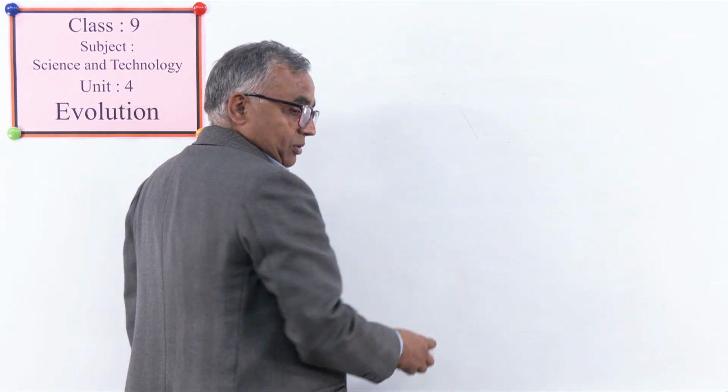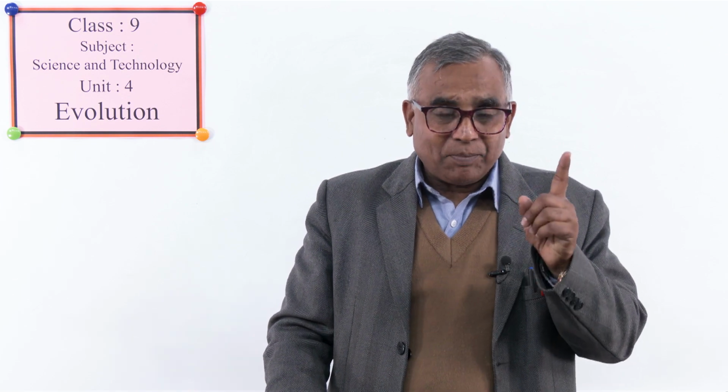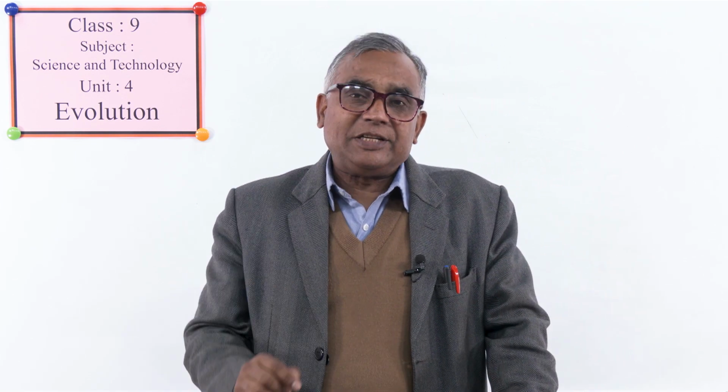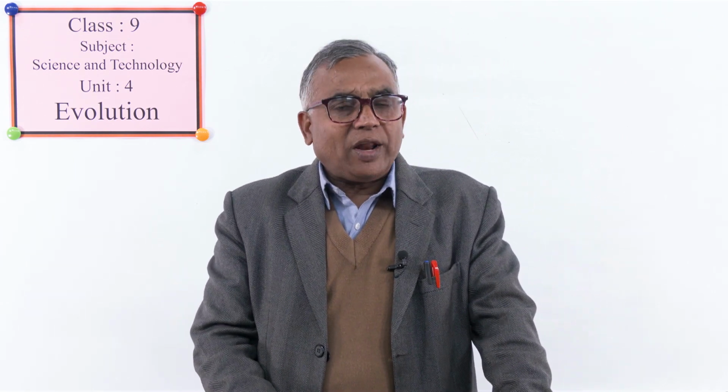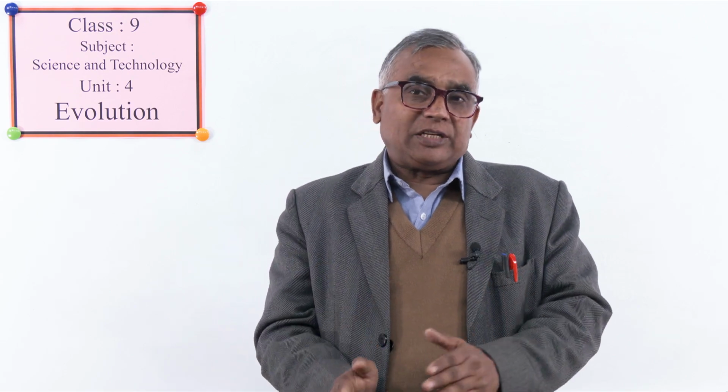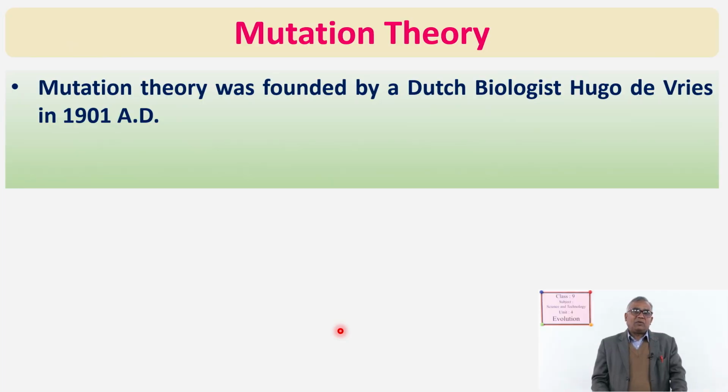Okay, now mutation theory. You know who gave mutation theory? In the last class, we discussed it. Yes, Hugo de Vries. In 1901 AD, he added mutation theory to Darwinism. He said that evolution does not take place only by Darwinism, as Darwin told.